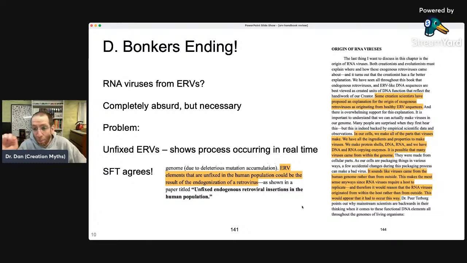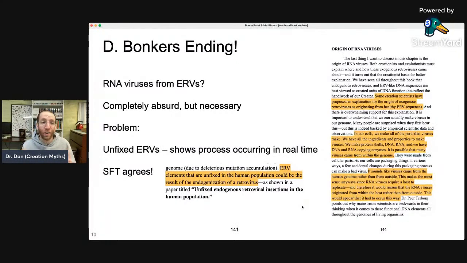So where he kind of comes down here, and he actually makes a prediction about this, is that the herbs that are fixed are going to have functions, but the ones that are unfixed are only found in some fraction of the population, whether it's for humans or other things. Those are actual examples of endogenization.